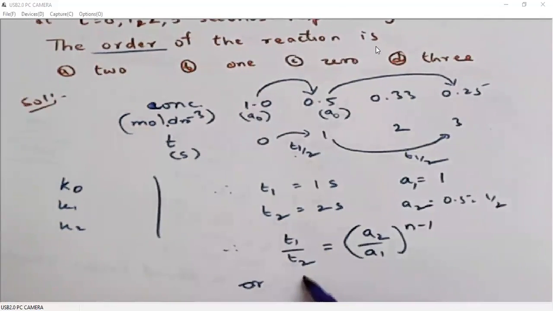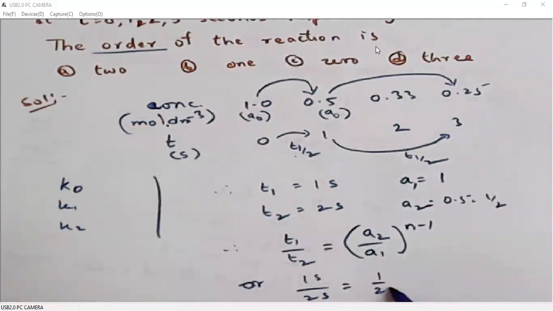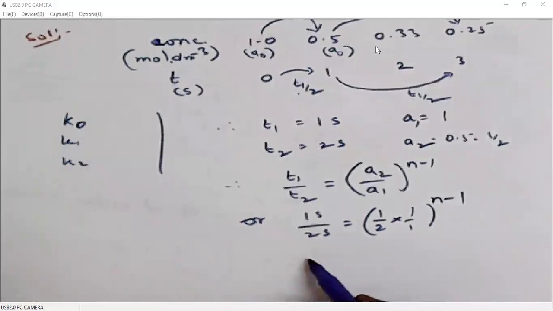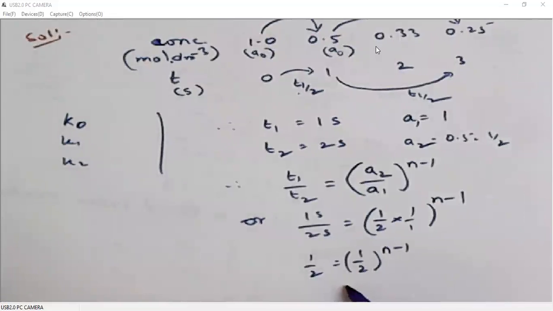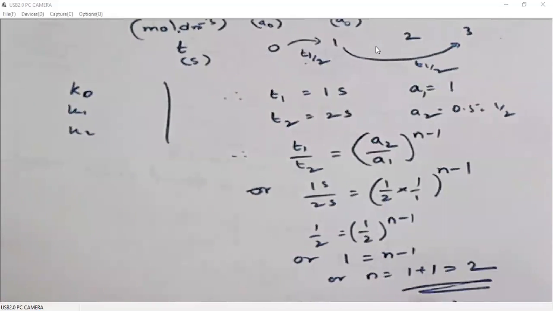Or this is 1 second by 2 seconds is equal to A2 is half, A1 is 1 whole power n minus 1. Therefore, it is 1 by 2 is equal to 1 by 2 whole power n minus 1. Because bases are equal, we can make the powers also equal. 1 is equal to n minus 1, or n is equal to 1 plus 1, that is 2. So it is a second order reaction.